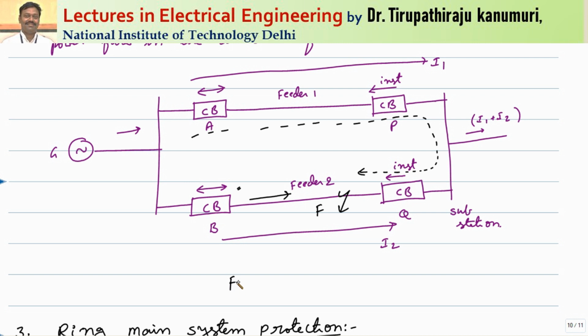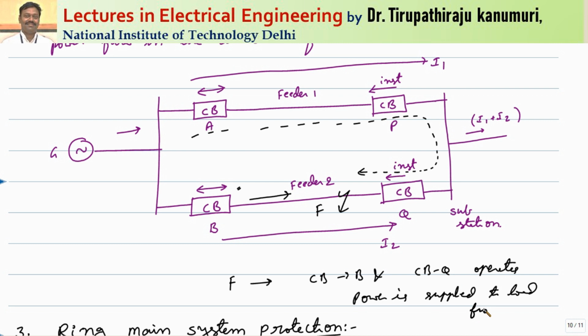That means for the fault F, what will happen? The circuit breaker at B and circuit breaker at Q operate, and power will be supplied to the load from feeder 1.